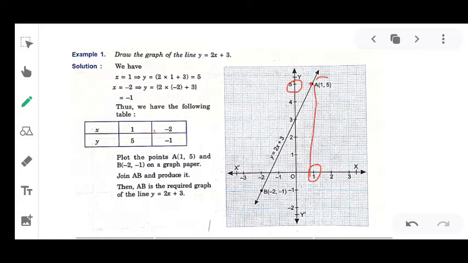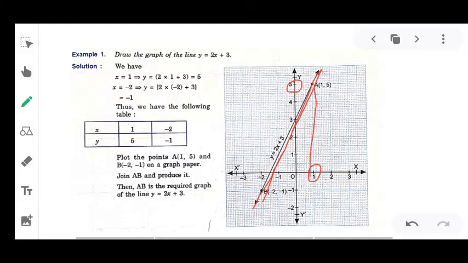Then (-2, -1), so -2 on the x-axis and -1 on the y-axis. These two lines intersect at this point, so this will be B (-2, -1). Now join these 2 points and produce it. So this line is y equal to 2x plus 3.